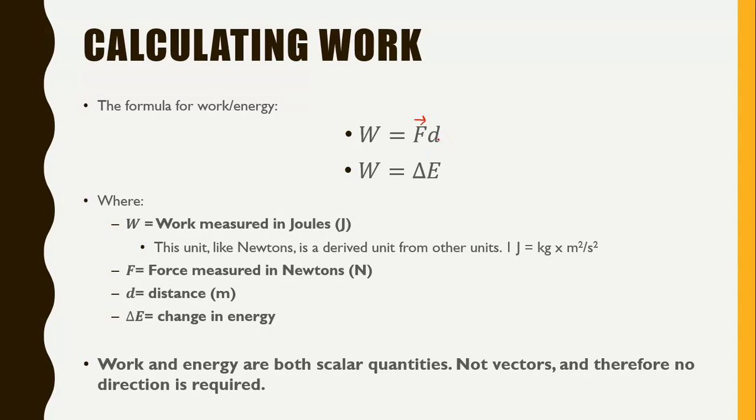And then distance is measured in meters, force is measured in newtons, and work or energy is measured in joules. Now, work and energy are scalar quantities, so we don't have to worry about direction when we're talking about work.